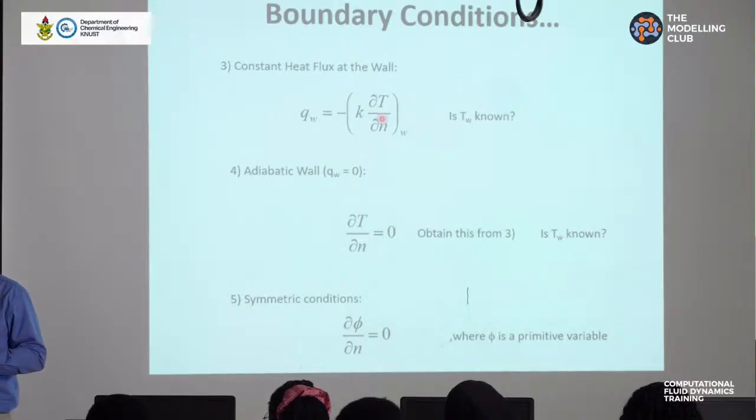Or physically, how can I represent an adiabatic wall? In other words, there's no heat loss from the wall. How can I represent that if I want to? I'm a designer, and I'm required to make sure that there's no heat loss from the wall.